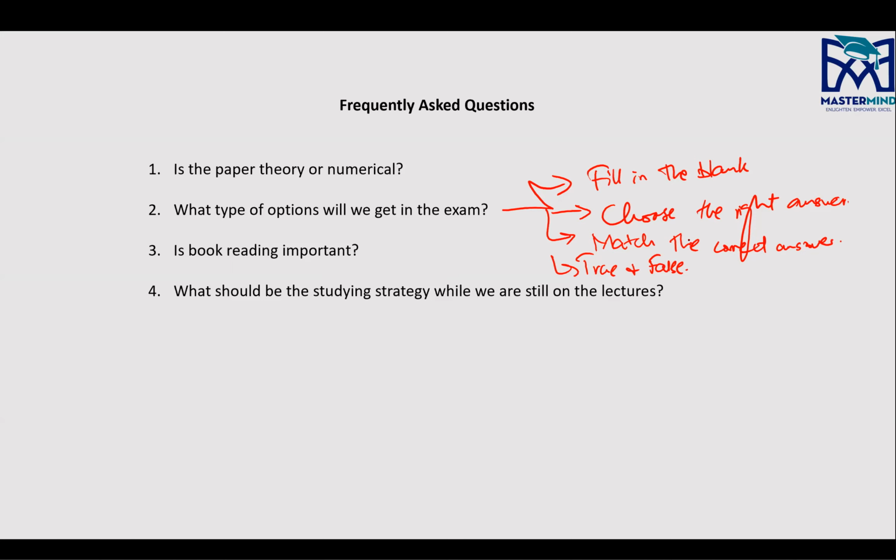Okay. What should be the studying strategy while we are still on the lectures? For example, we've covered 3 standards so far. I would expect you guys to at least revise the first one that we did. So on every three new, you have to revise at least one. That is the strategy that I recommend. If you're at par with the last two, perfect.